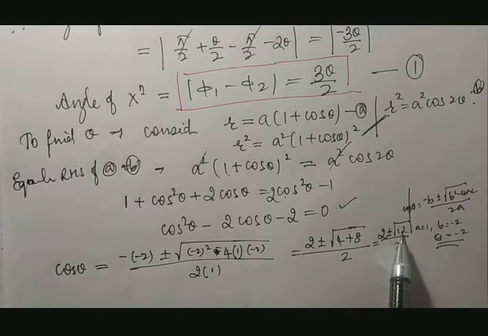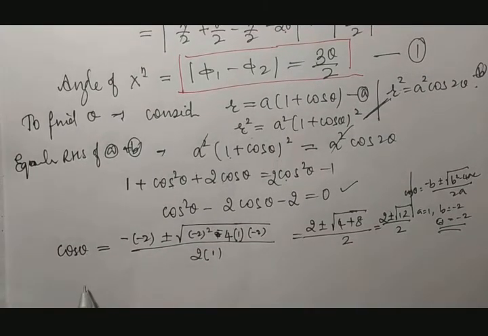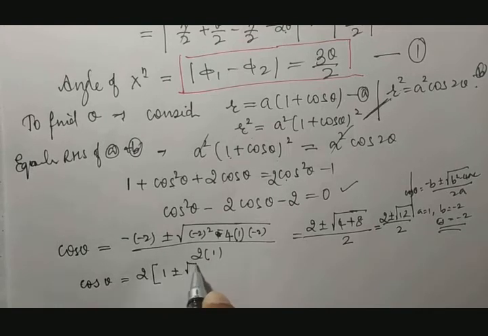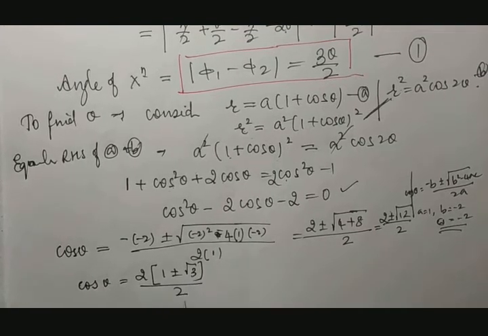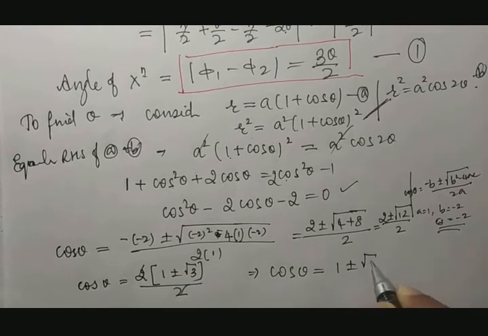When that 4 comes out, it becomes 2. Then 2 will be common. Therefore, cos theta is equal to 2 common, 1 plus or minus root 3, then 2 gets cancelled. Therefore, cos theta is equal to 1 plus or minus root 3.